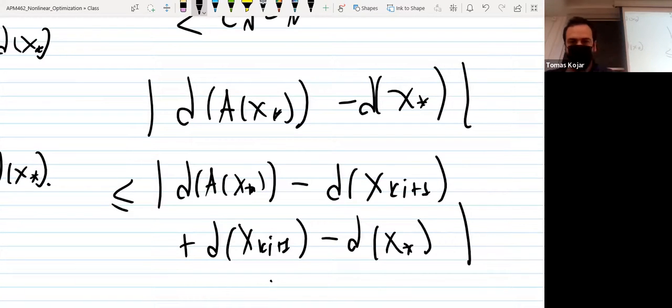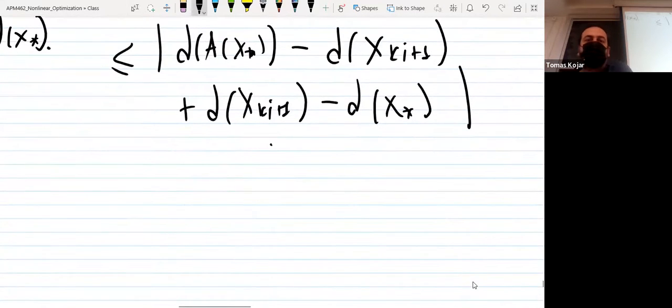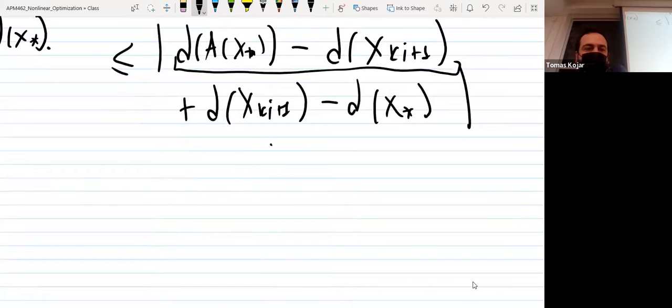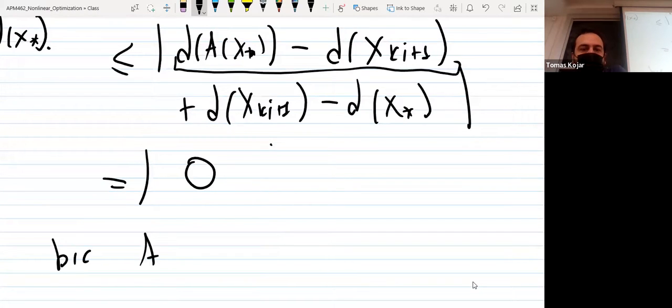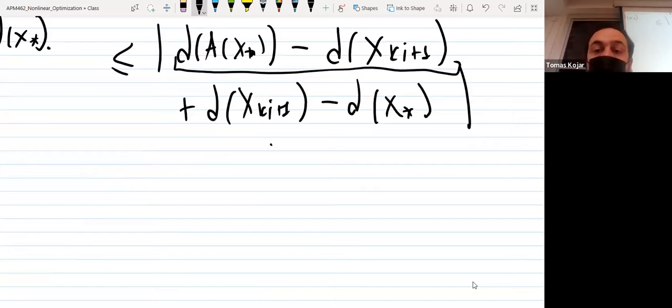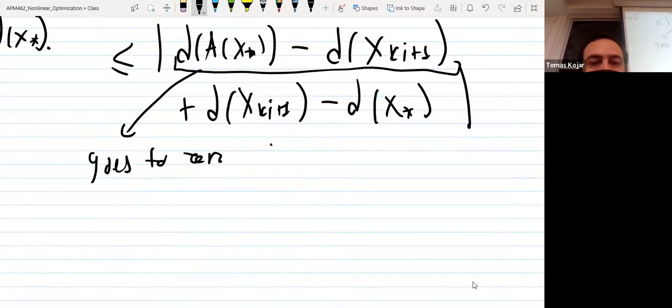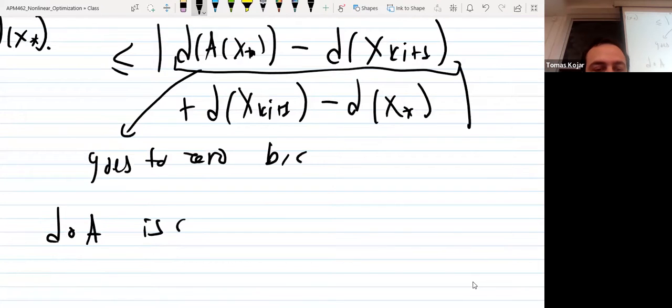All right. This guy is identically 0. So this is identically 0 because A of, oh, no, it's not identically 0. Sorry. So yeah, the first guy goes to 0, because composition of continuous is continuous.